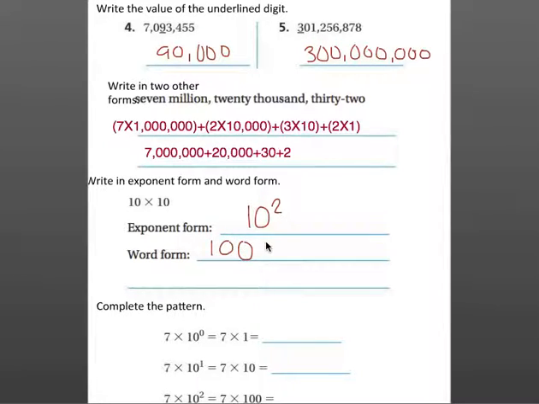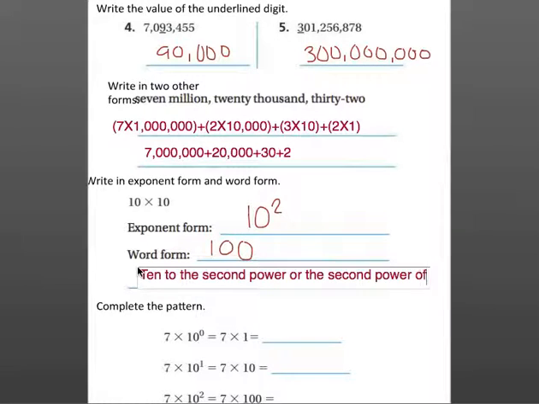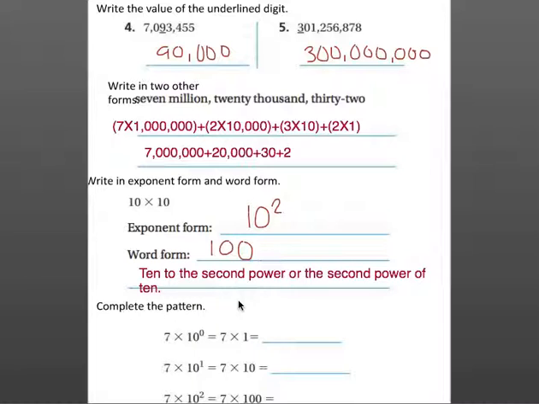And if you were to write it in word form, you could just write 10 to the second power, or the second power of 10. You could write it either way. And so that is an exponent. That's how we would look at exponents.